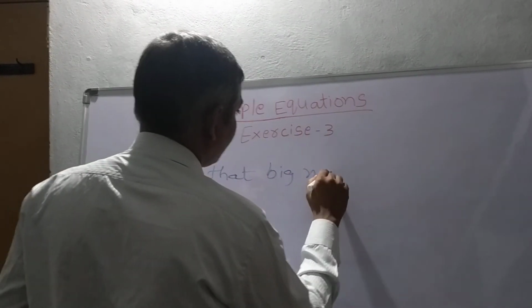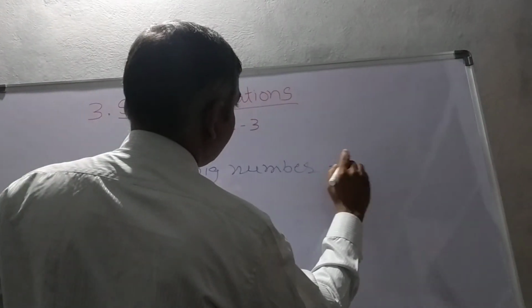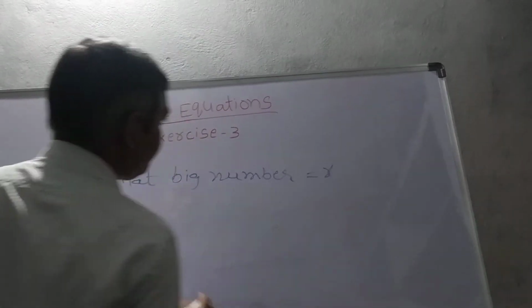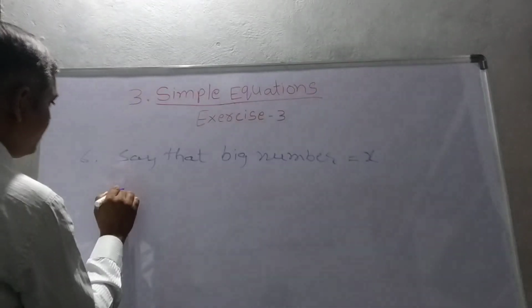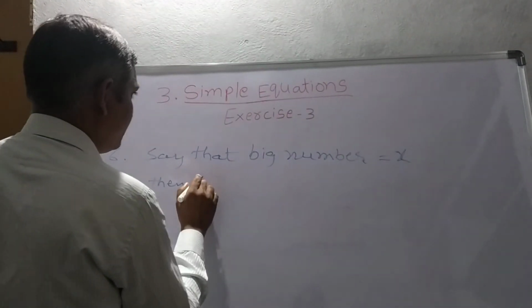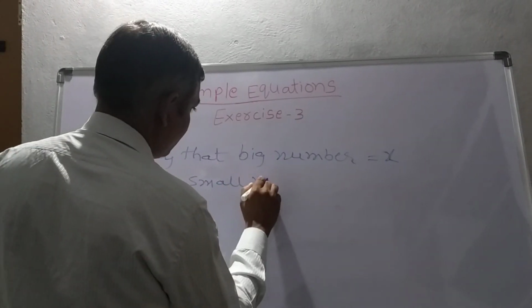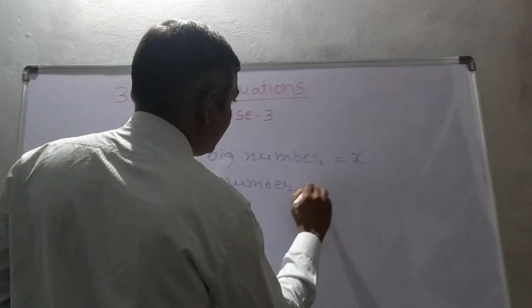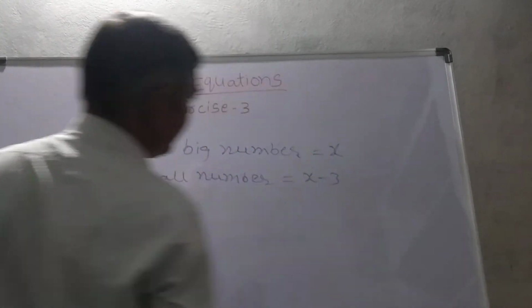Say that the big number is x. Then the small number is 3 less, exceeds means lower by 3, so x minus 3.